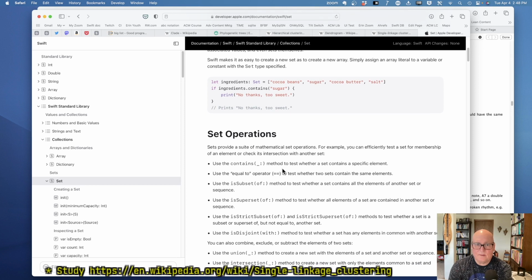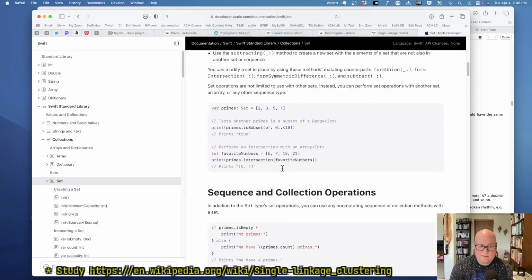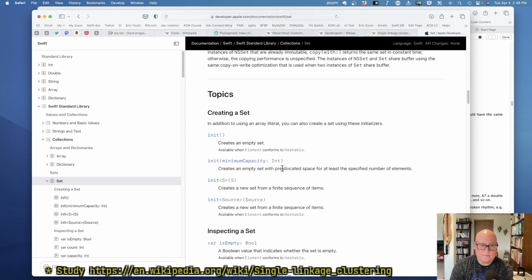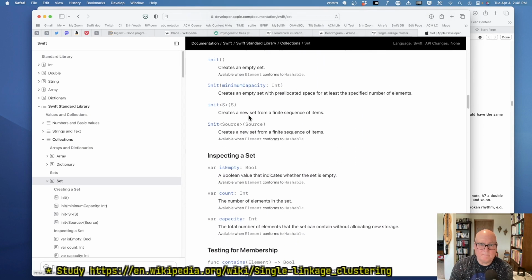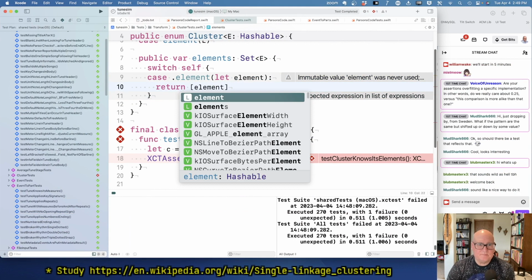Oh, it takes an array. There we go. Yeah, it works with a sequence of items. Okay, well, it's easy for us. Return element.